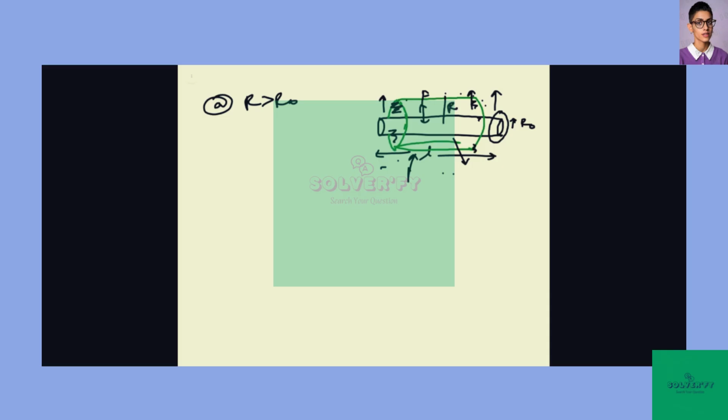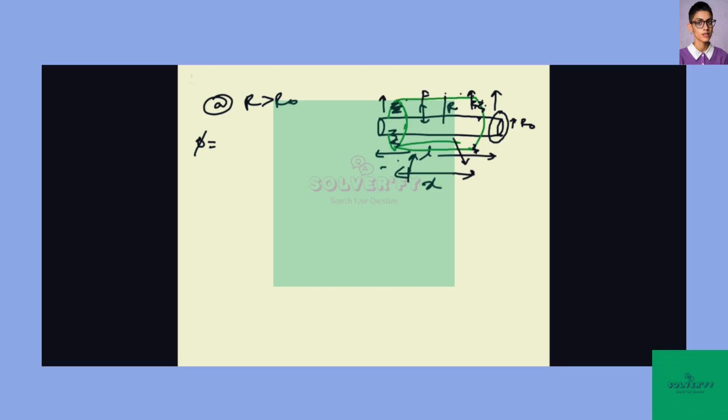As we've seen already, the flux on the two side surfaces will be 0. So the total flux will be only due to the center surface. Let's say this Gaussian surface has length x, and we know that the radius is r.